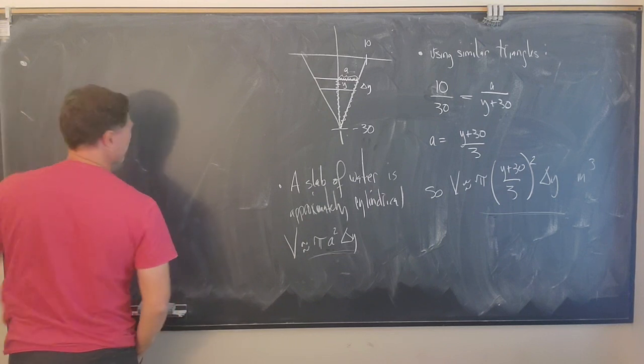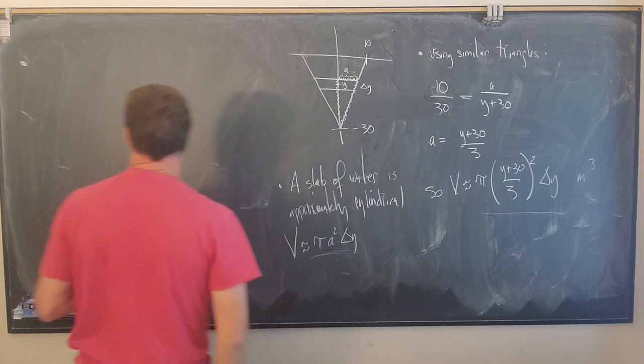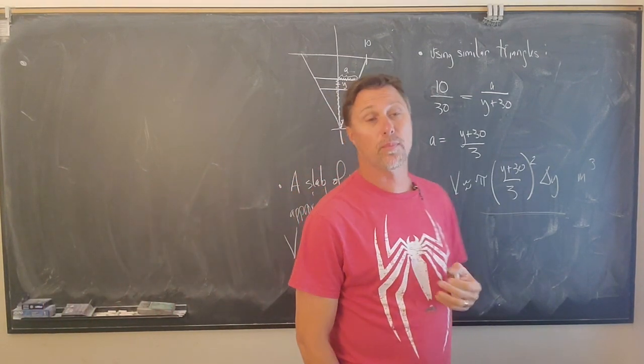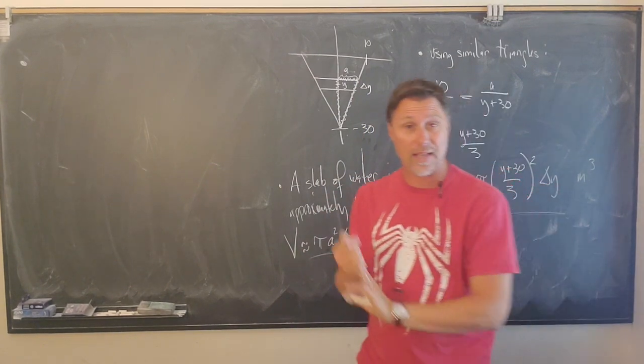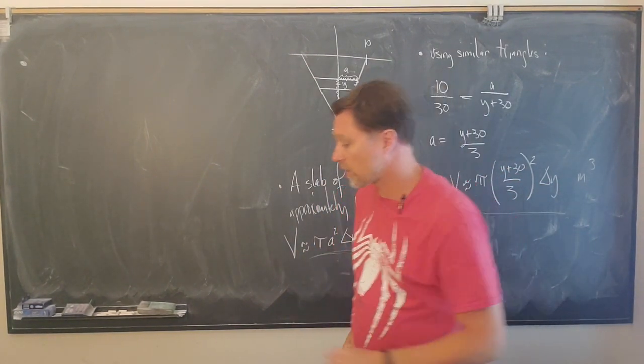Okay, so we've got volume. I need to convert that to mass and then eventually to force. And so whenever you're dealing with water and you're using the metric system, what you do is you multiply by 1,000, that's the density, and then 9.8, right, that's the acceleration due to gravity.